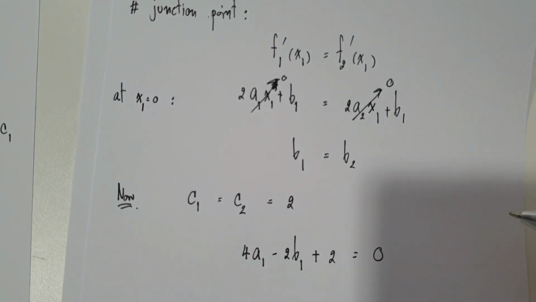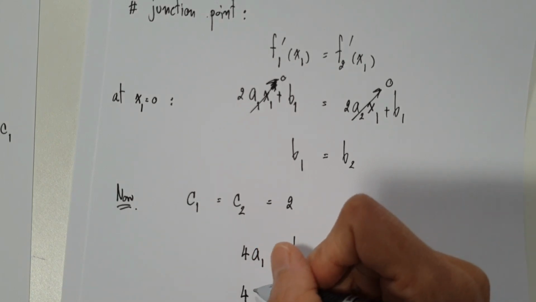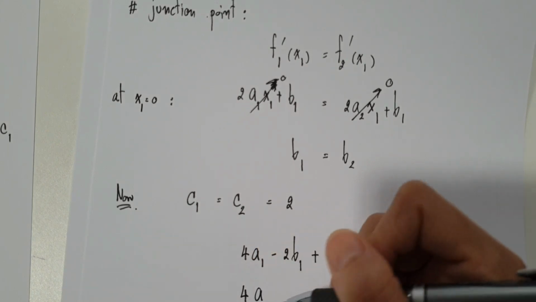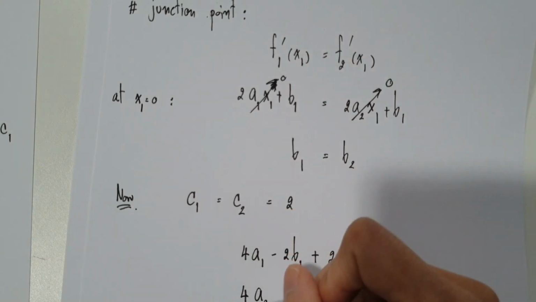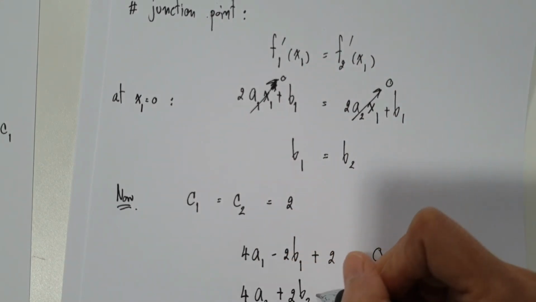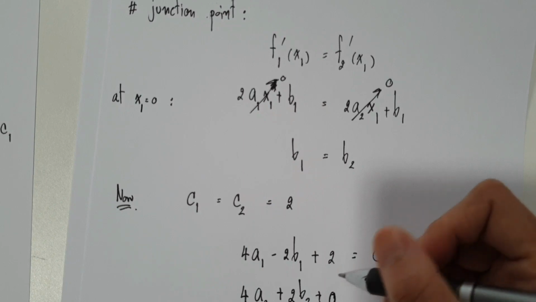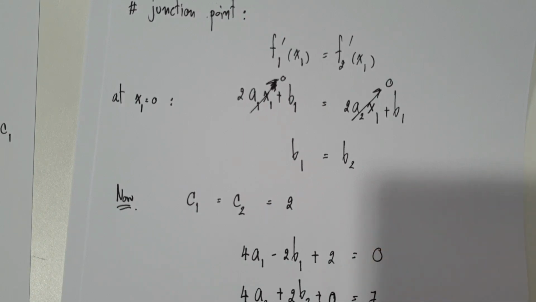And another is 4a2 plus 2b2 plus c2, and c2 is actually 2, right? It would equal to 7.